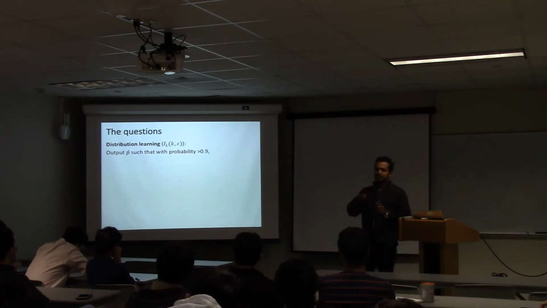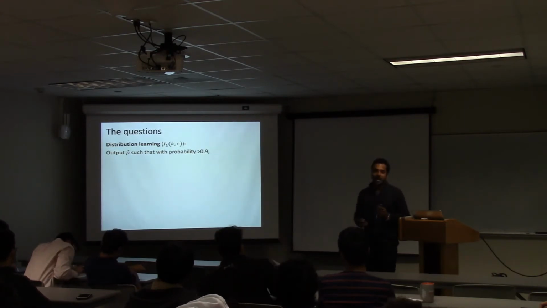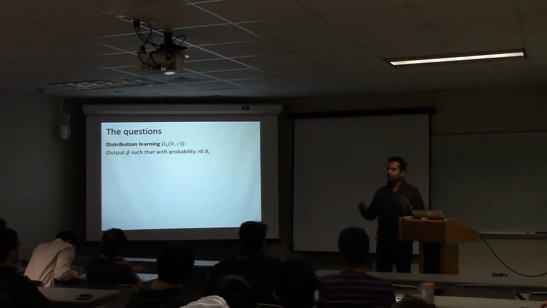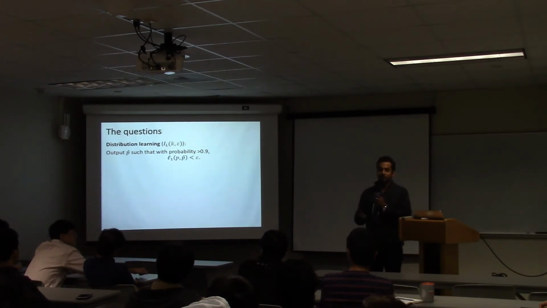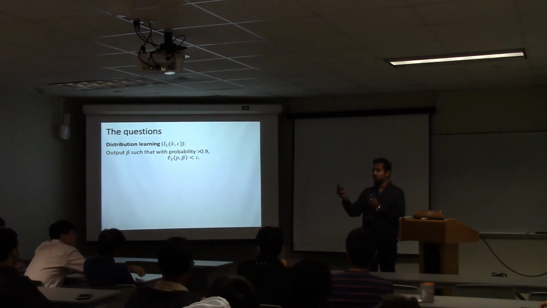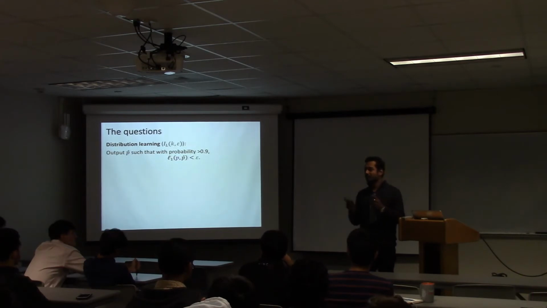Upon observing these draws x_1 through x_n, our goal is to output some p hat such that with high probability, say 0.9, the L1 distance between p and p hat is less than epsilon. Epsilon is a parameter that's given to you. You make many draws, and as you keep seeing more and more draws from the distribution, you will get a better and better estimate.